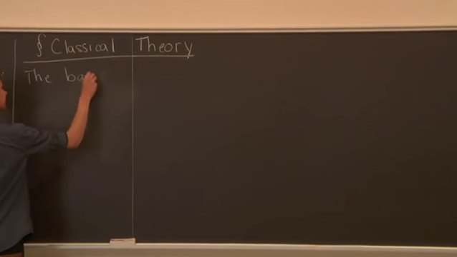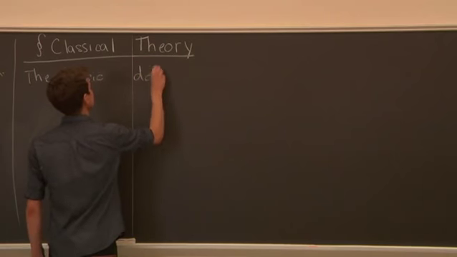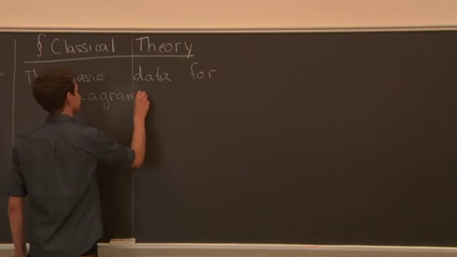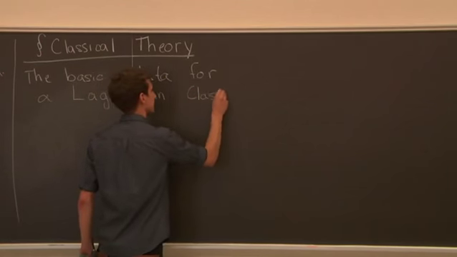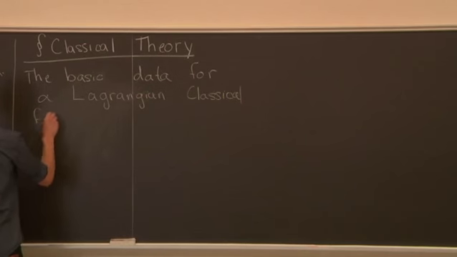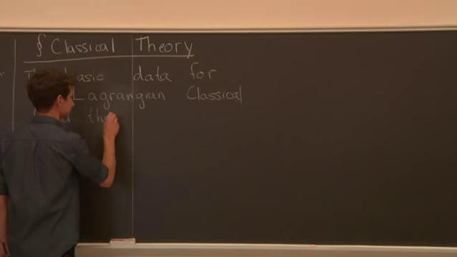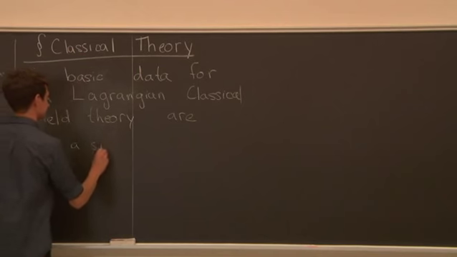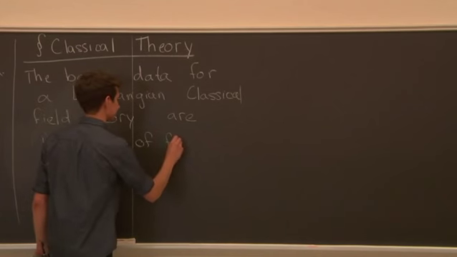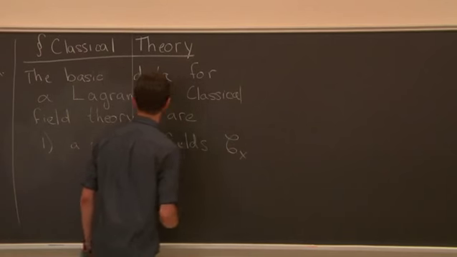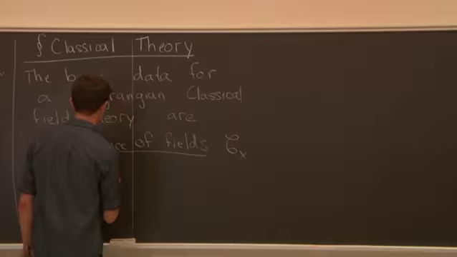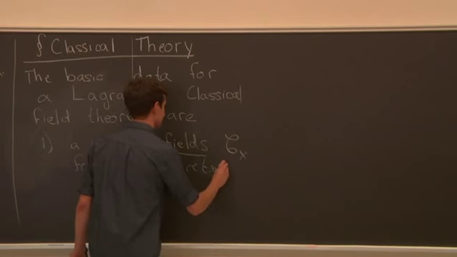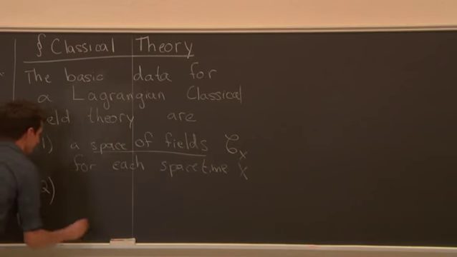So the basic data needed to define a Lagrangian classical field theory are, well, one, we need a space of fields for every space-time, so every manifold, and an action functional.